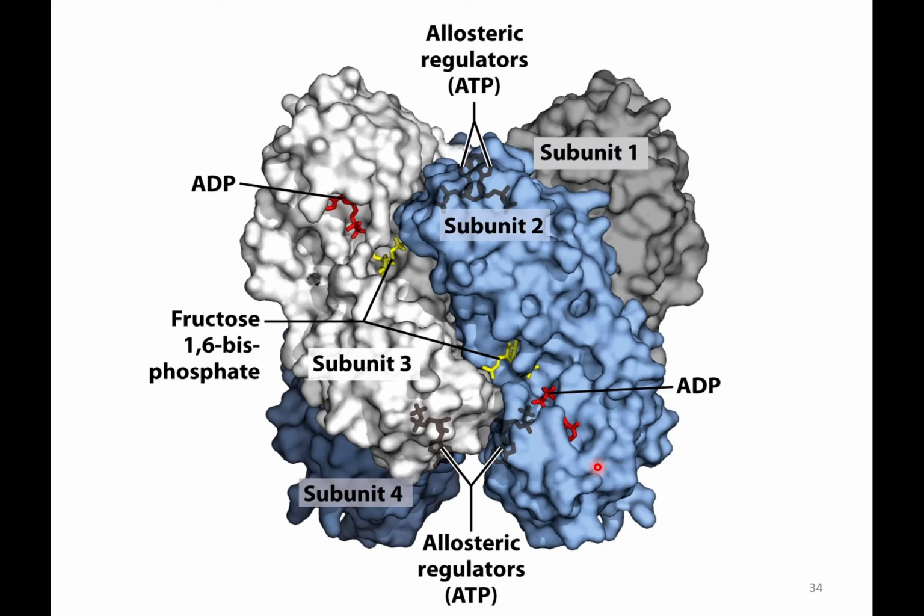They have ADP being bound in the crystal structure, but that's where ATP would come in. And then this is the other part of the active site where you produce your fructose 1,6-bisphosphate, shown here in yellow. So you have allosteric sites for ATP and a catalytic site for ATP.